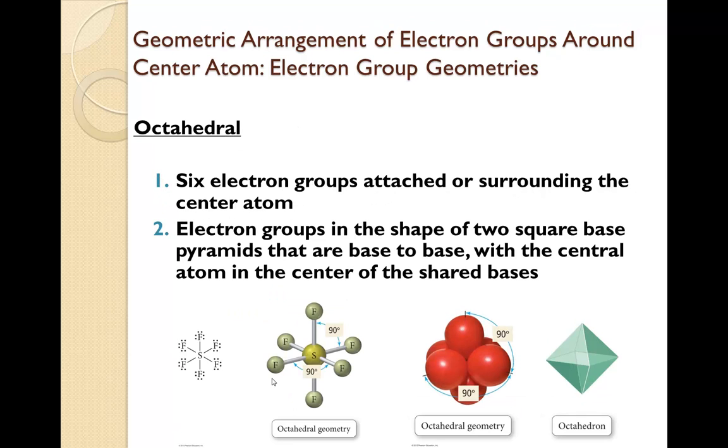The octahedral, which is the last one, has 6 groups coming off of it, and it's a little bit harder to visualize. So this is our original structure as a loose dot structure. This then translates over to a geometric structure such as this, where there's kind of a box, a square. And then this square then forms a pyramid.